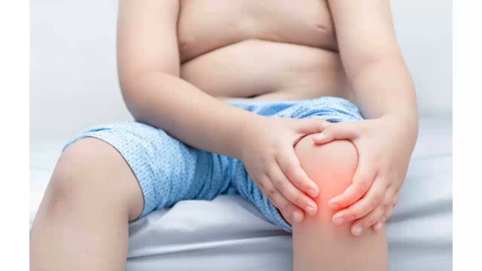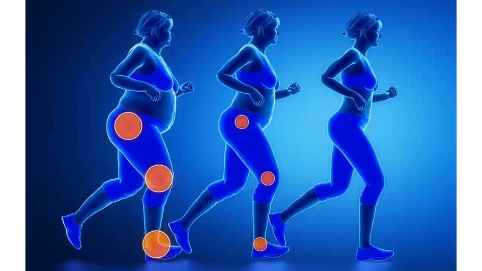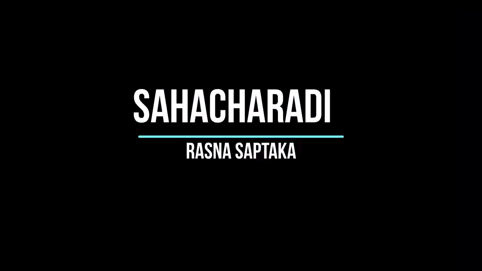It increases the blood supply to the particular part. Sahacharadi is the first Kashayam that is told in Vata Vyadhi Prakarana. Giving Rasna Saptakam plus Sahacharadi Kashayam gave beautiful results in a lot of knee pain cases of Kaphavataja origin.